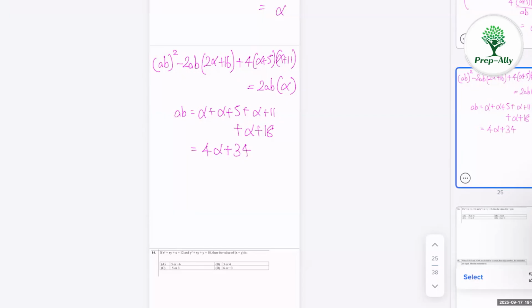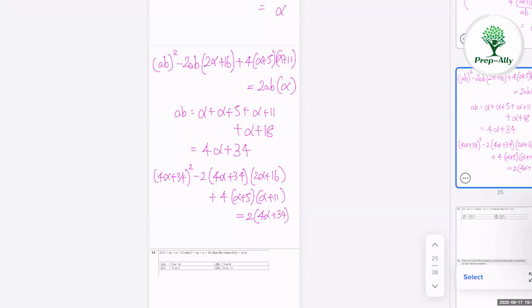Now let's go ahead and substitute that in the equation, and we'll get 4 alpha plus 34 the whole square minus 2 into 4 alpha plus 34 into 2 alpha plus 16 plus 4 times alpha plus 5 into alpha plus 11, which is equal to 2 times 4 alpha plus 34 into alpha, right?